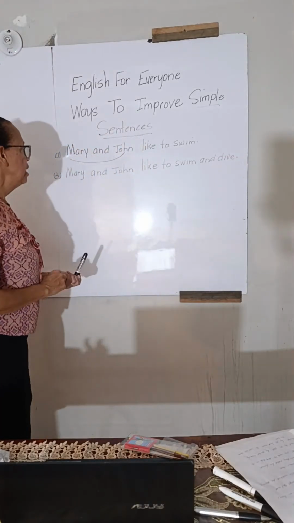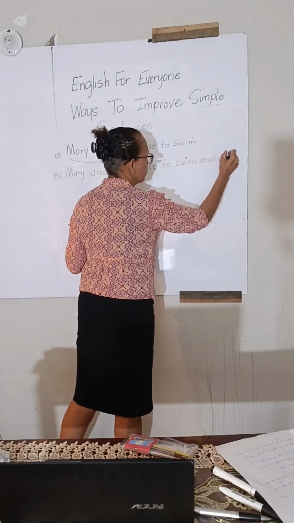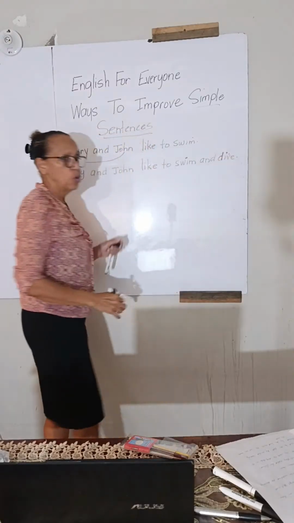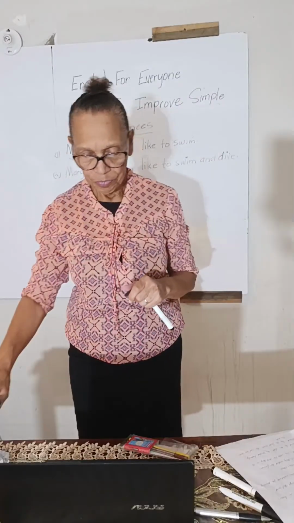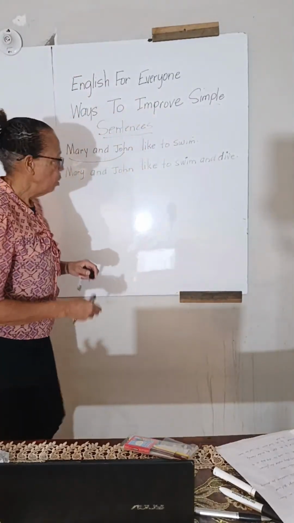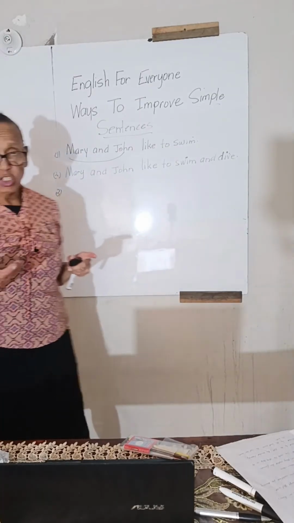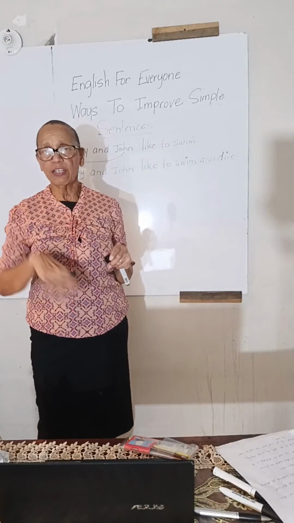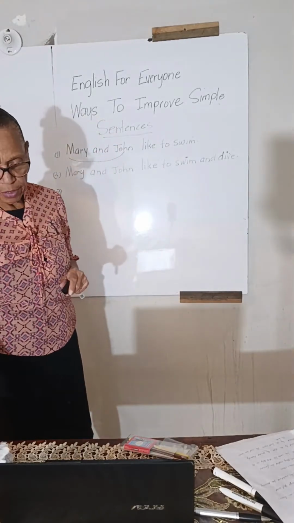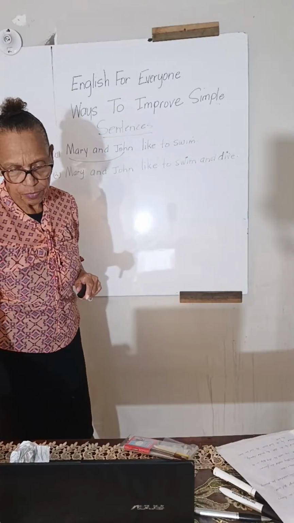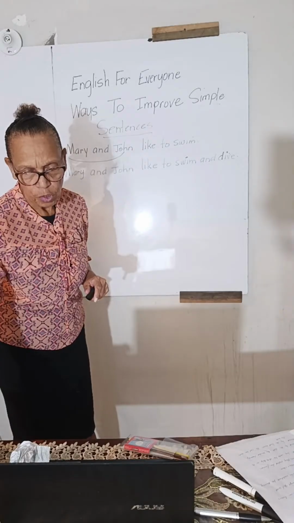So, two subjects, two verbs. So we can have one subject, two verbs, two subjects, two verbs, three subjects, three verbs. Right. Give another one. And then we're going to go to the three.